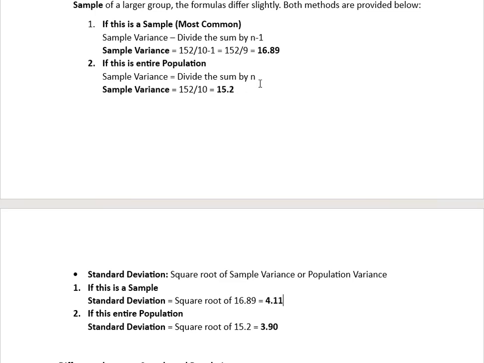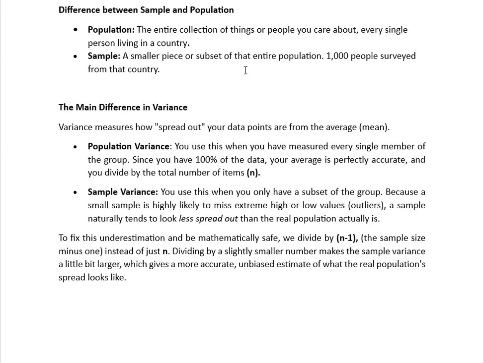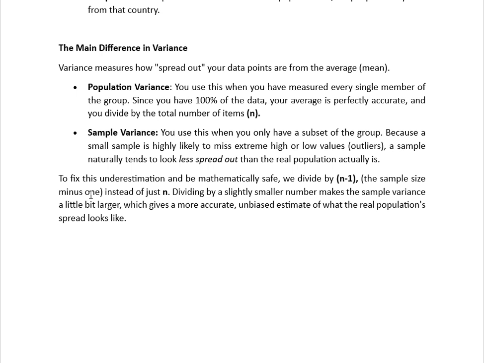For the entire population, divide the sum by n, and if it is a sample, then divide the sum by n minus 1, which is written here. For a sample, you use this when you only have a subset of the group, because a small sample is highly likely to miss extreme high or low values, outliers. Generally, a sample naturally tends to look less spread out than the real population actually is. So in order to fix this estimation and be mathematically safe, we divide by n minus 1, the sample size minus 1.